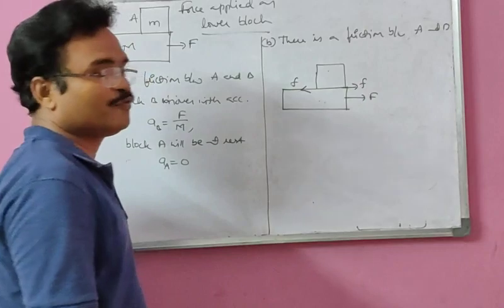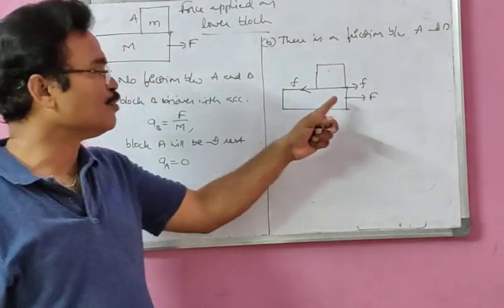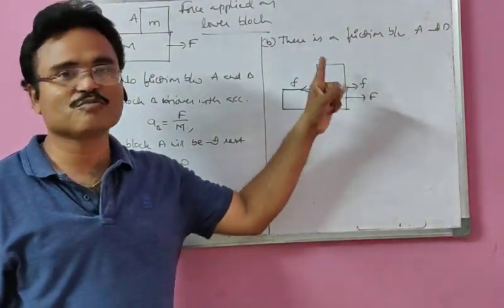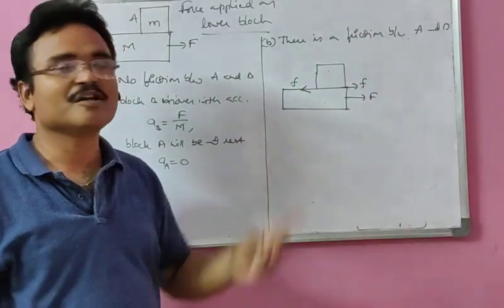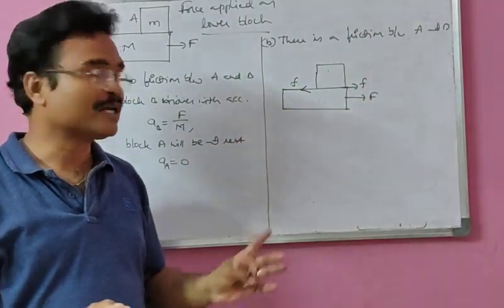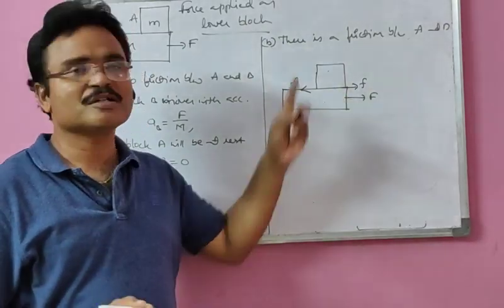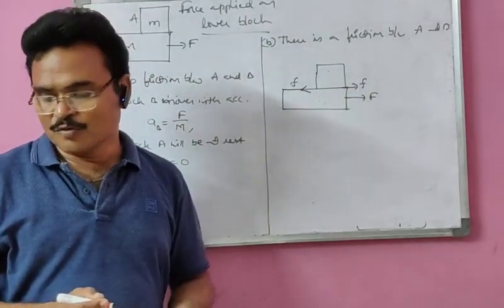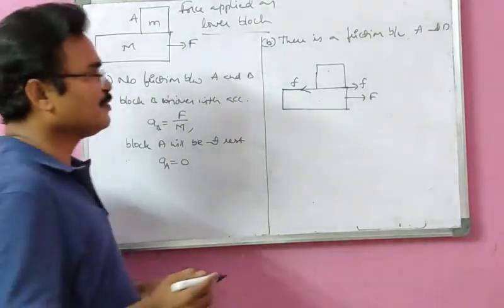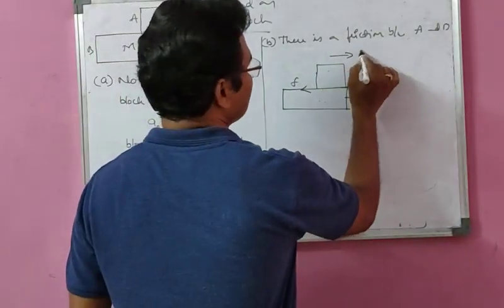So this is the pseudo force here. This pseudo force will make the upper block move together with the lower block. Both will combinedly move with acceleration a.